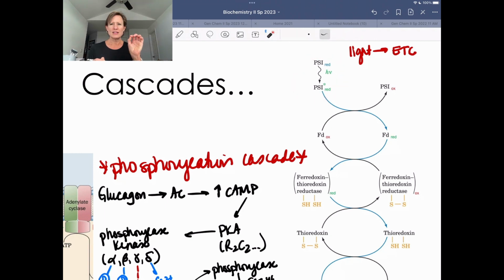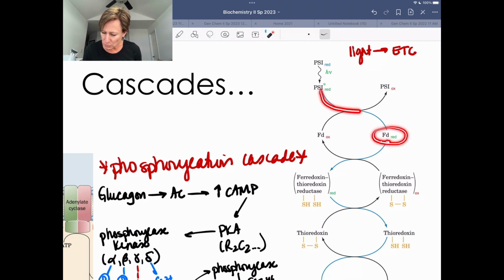Again, starting with electrons from photosystem 1. Remember, this is not the start of the electron transport chain. This is the very end. Photosystem 1 is going to be activated when we have light shining at 700 nanometers, and we're going to excite those electrons. Those electrons are going to be delivered to ferredoxin.